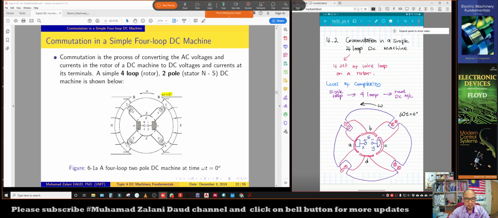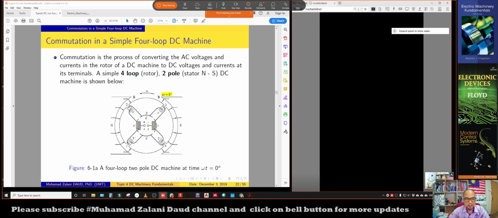We can imagine the second set of wire loop, which is 2 prime entering the slot somewhere here and exiting at 2. That is the second set of wire loop, and so on for 3 prime to 3, and 4 prime to 4.